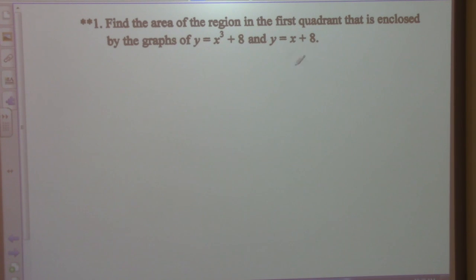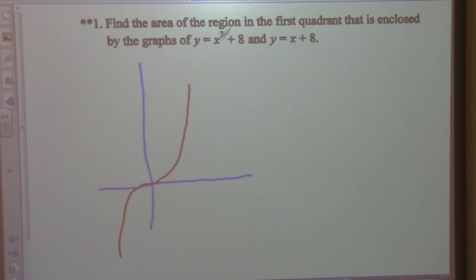Now if we sketch a graph here, we're talking about quadrant 1, so we really only need quadrant 1 to deal with. And then we graph these two functions. What do these graphs look like? Well, we have x squared plus 8. I'm going to use what I have available to me that you don't have.